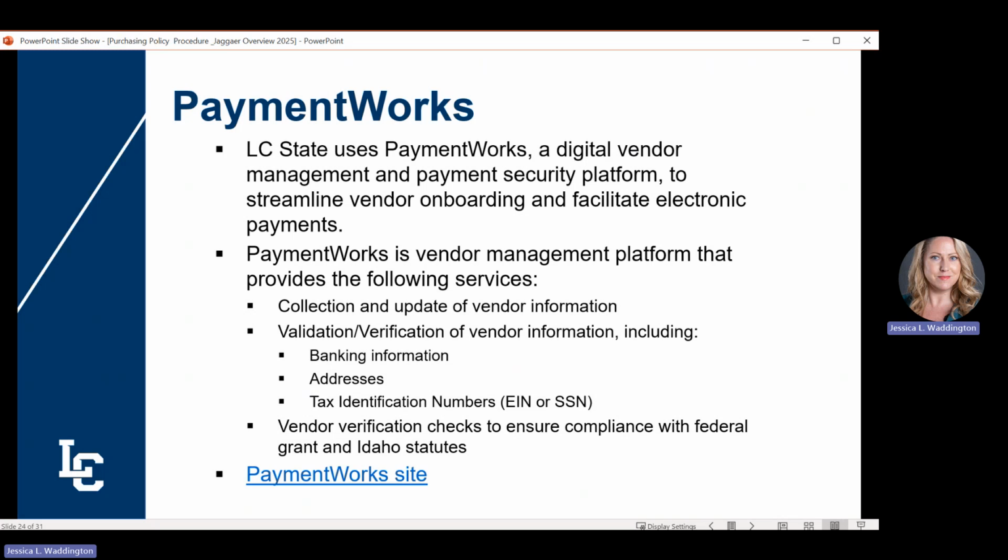This means vendors can automatically update their information on the PaymentWorks site, including submitting W-9s and other banking information for electronic payments. PaymentWorks also validates and verifies the vendor information such as banking info, addresses, and tax identification numbers. Most importantly, PaymentWorks provides vendor verification checks to ensure compliance with federal, grant, and Idaho statutes. To access the site, see the link here.